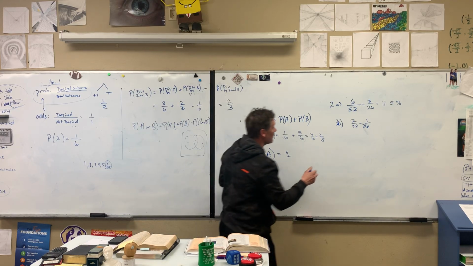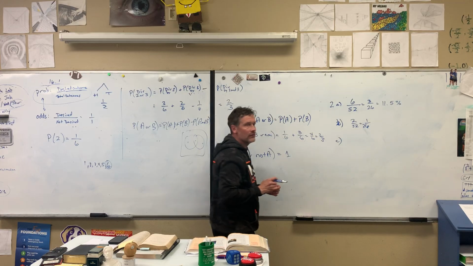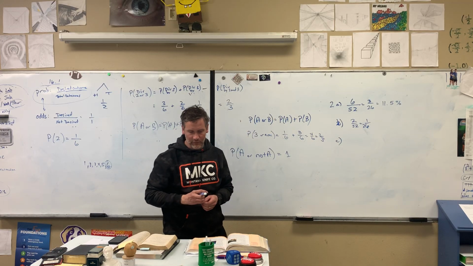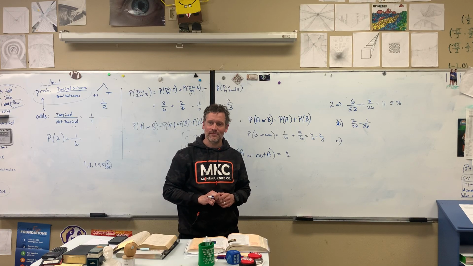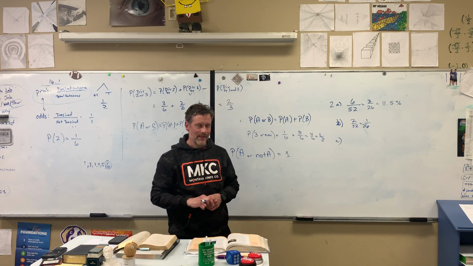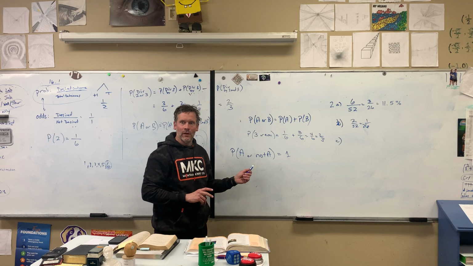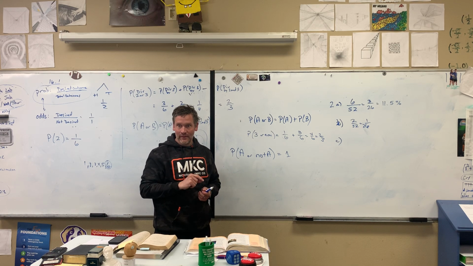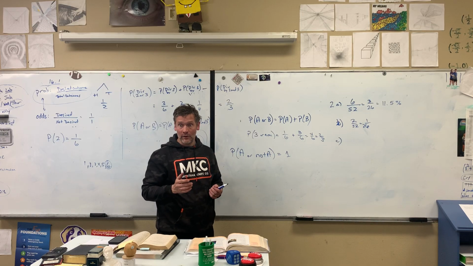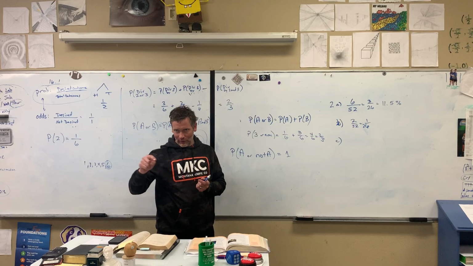Now for part C, not a blackjack. There's a specific reason why they asked not a blackjack, because of the complement principle. You could calculate how many are not blackjacks, and that's not wrong. You could think through all the cards that aren't blackjacks.